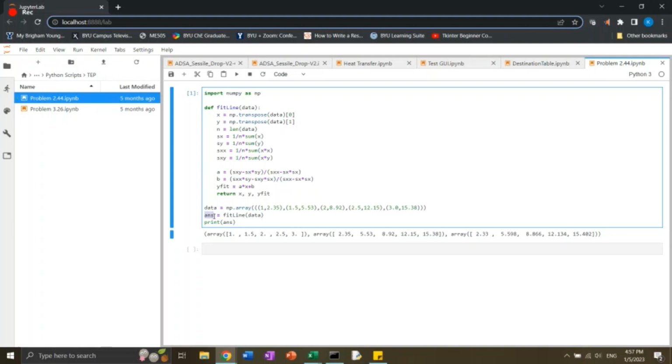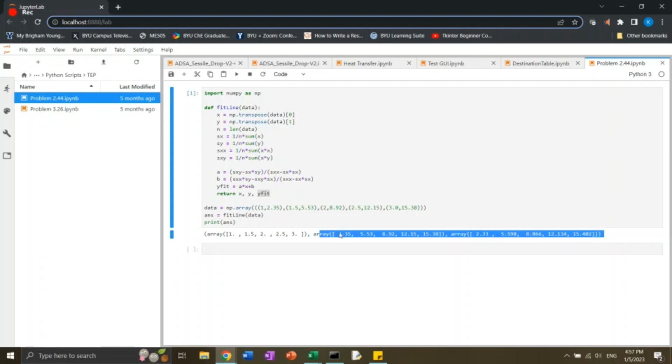We should have 3 arrays: our x array, our y array, and then our y fit array. Our x array is 1, 1.5, 2, 2.5, and 3, and that was our input, so that's perfect. Then we've got our y array here, 2.35, 5.53, 8.92.